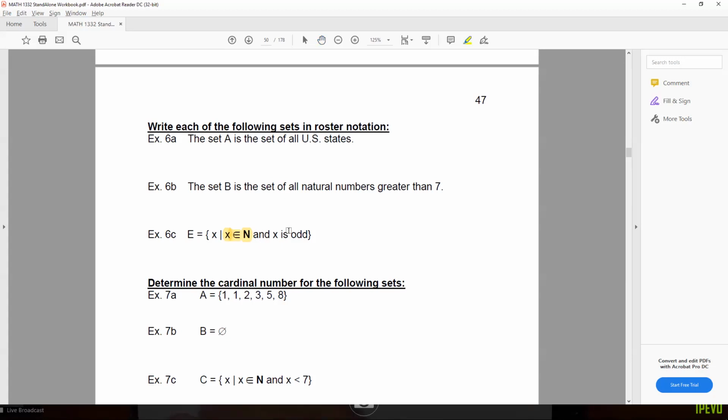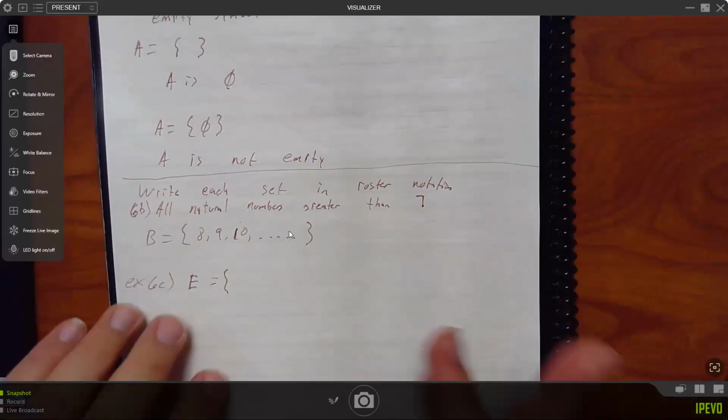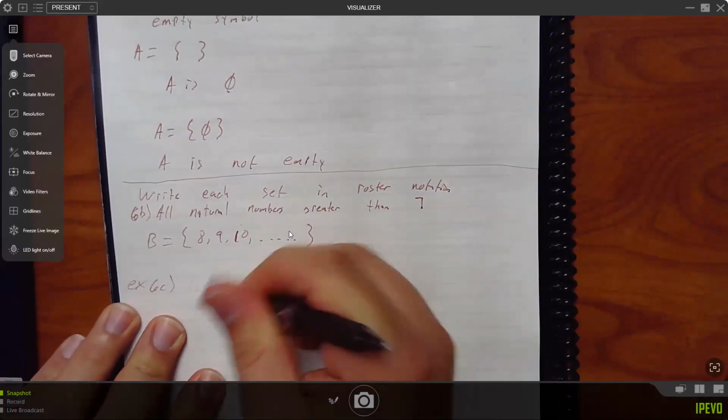So if it's a natural number, that means it has to be 1, 2, 3, 4, 5, 6, 7. But it has to also be odd. So it would be 1, 3, 5, etc. Right? So let me write the statement down.